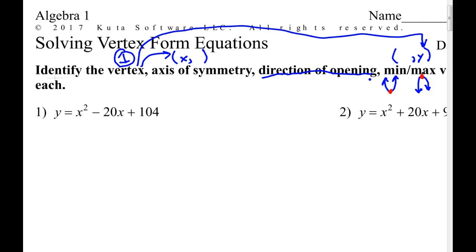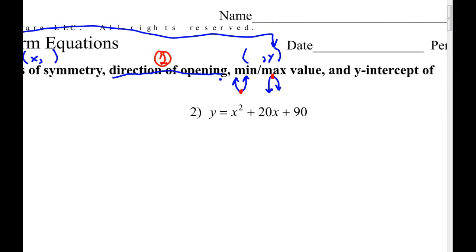So it's one or the other. So you kind of have to answer this one right here in order to know if it's a min or a max. You already know the number no matter what. That's the vertex. But whether that number is a min or a max depends on if it's opening up or down. Right. Then you have the y-intercept, which is always 0, comma, and then whatever the y-intercept is.